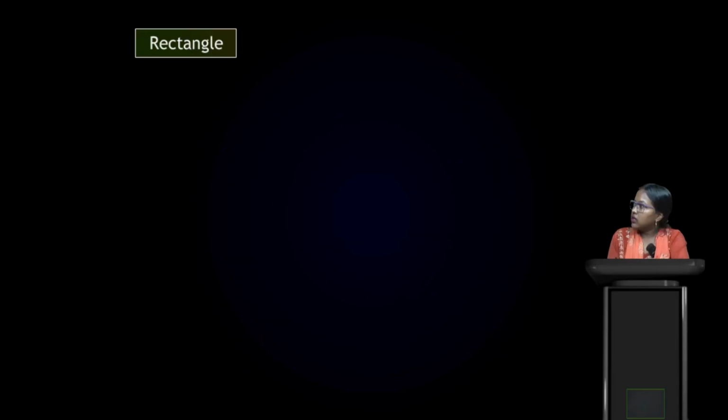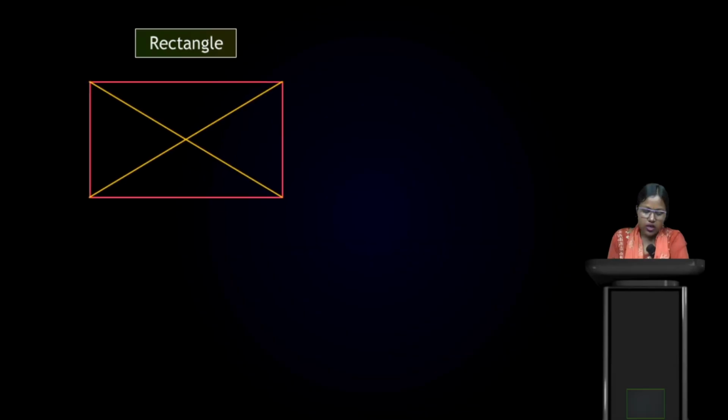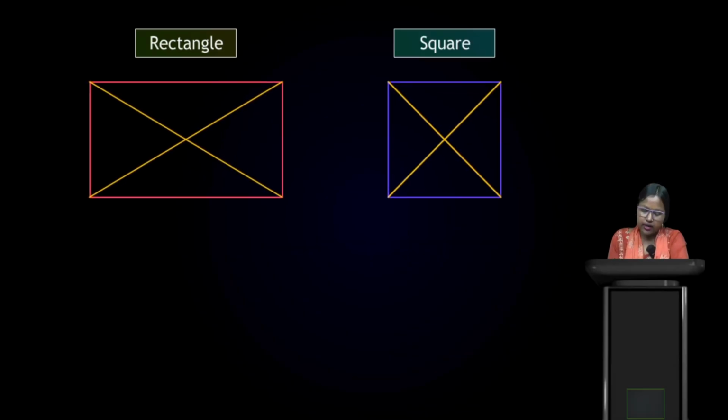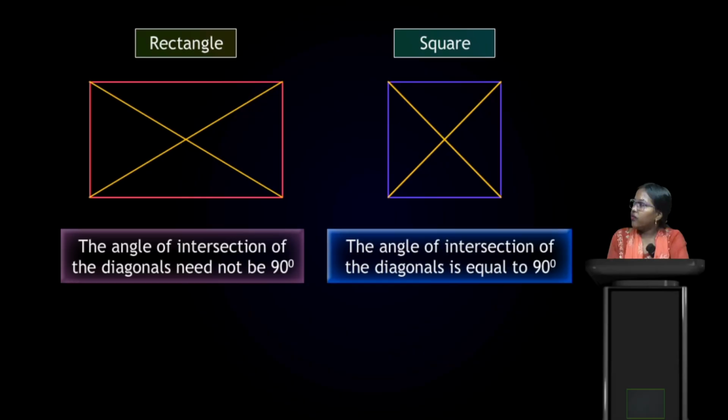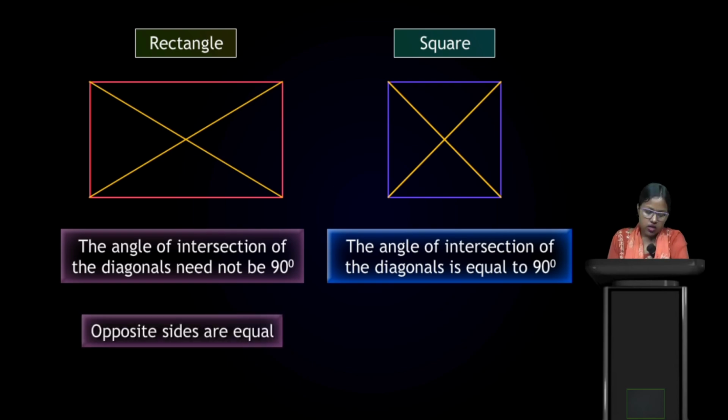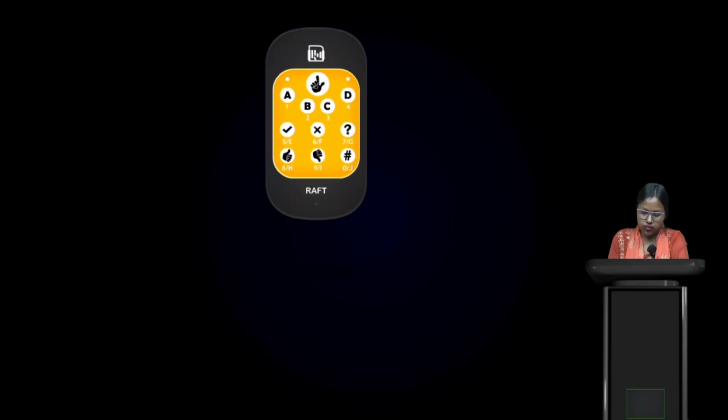Okay. Now let's see. This is a rectangle, this is a square. In a rectangle the intersection of diagonals need not be 90 degree, and in a square the angle of intersection of diagonals is equal to 90 degree. Opposite sides equal, all sides equal. Okay, so this one we know.